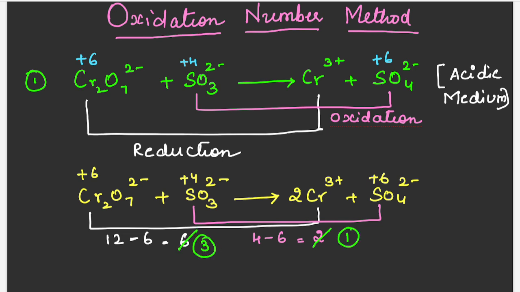So now the next step is you have to cross multiply. The number you got for chromium, 3, isn't it? That 3 you have to cross multiply with sulfur. So you have to multiply 3 into SO3 2 minus. Same way 3 into SO4 2 minus. And 1 you have to multiply with chromium. So let us multiply that.